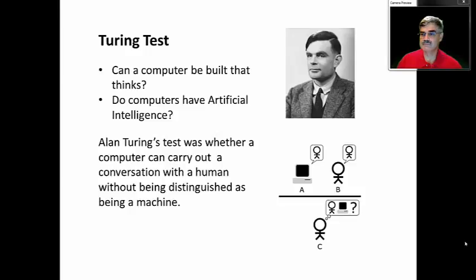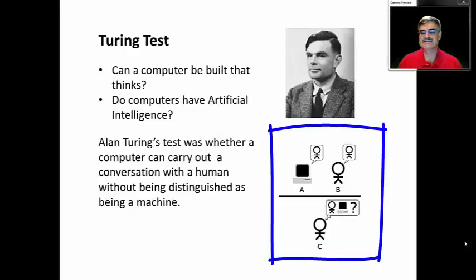Can a computer have intelligence? Now, of course, part of the problem in answering this is how do you define intelligence? Well, Alan Turing posed a test, and that test is whether or not a computer and a computer program could be developed that would fool an interrogator from knowing whether or not it was a computer or a real person that he or she was having a conversation with.